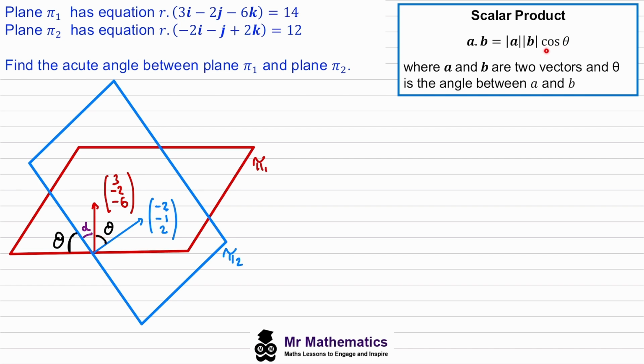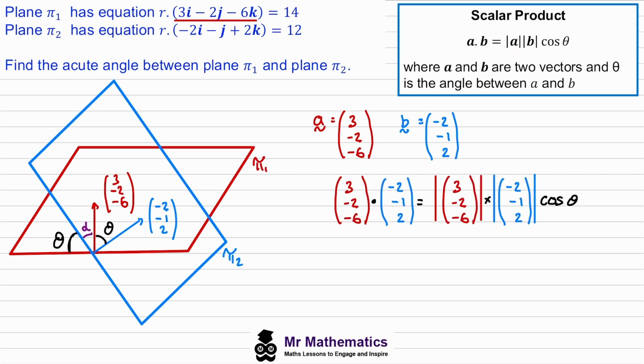And you can see that the scalar product allows us to do this. We've got the direction of our vectors, which is acting away from the angle. So if we say that vector A will be this one, and this will be vector B, then we can substitute each of these into this equation.